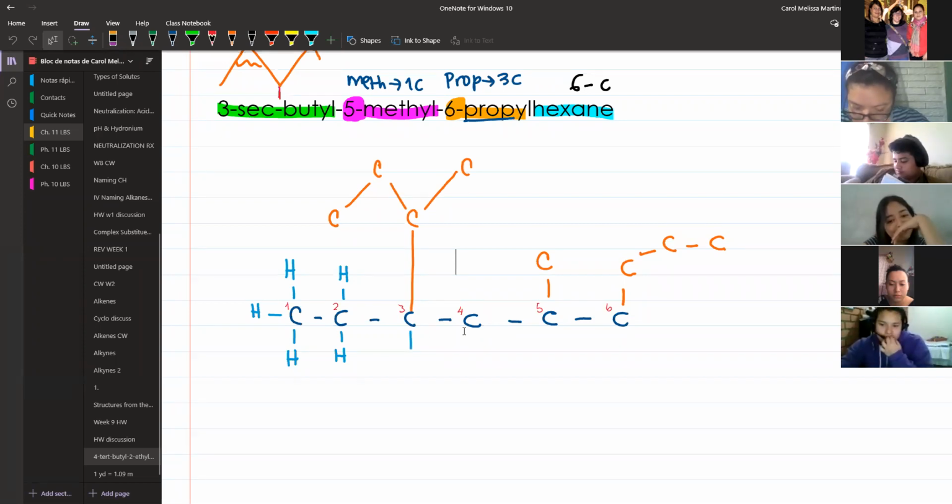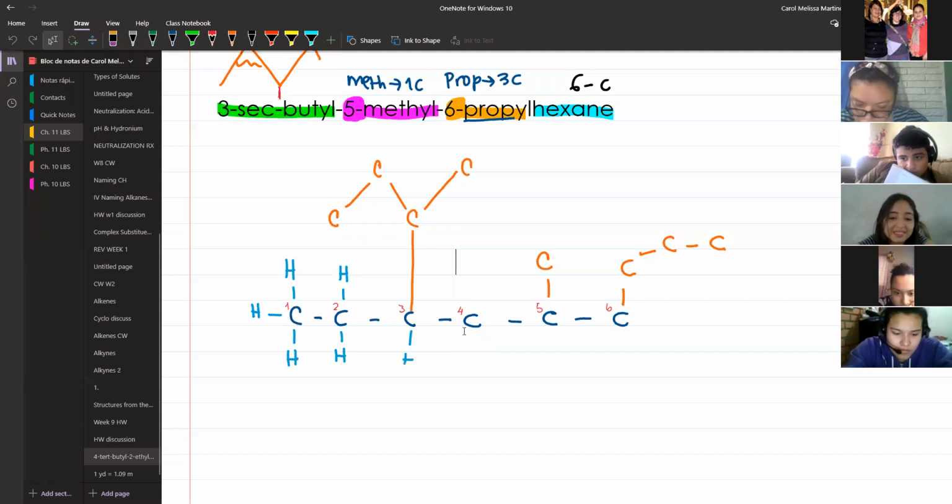So here, carbon 3, it has a link here, there, and there, 3 bonds. In the end, I need just to add hydrogen here.